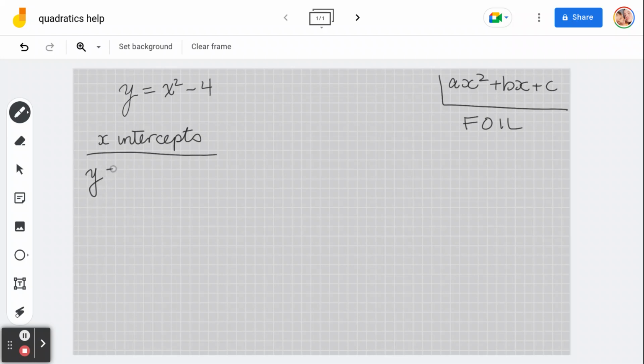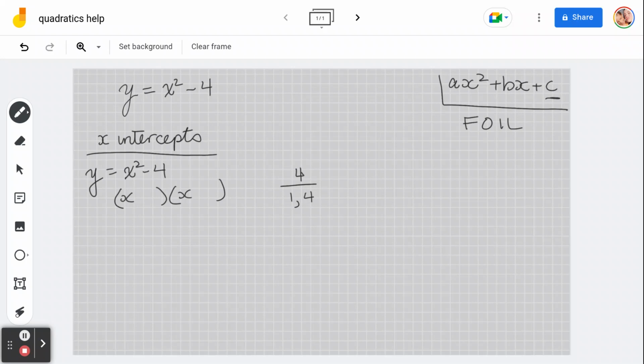So if we have y equals x squared minus 4, we always factorize the same way. We start with our brackets, our parentheses, and then our x's. And then we look at our c term and think, what are the multiples of our c term?